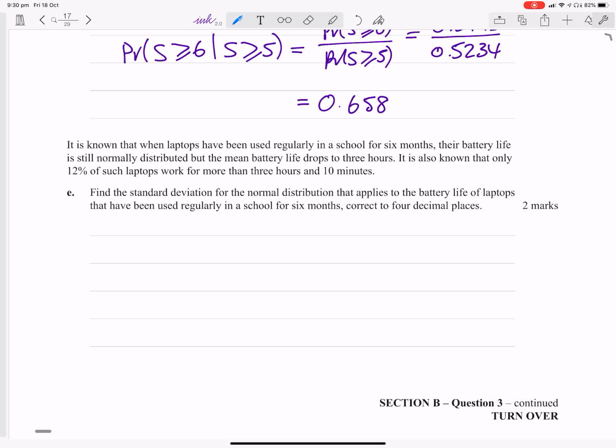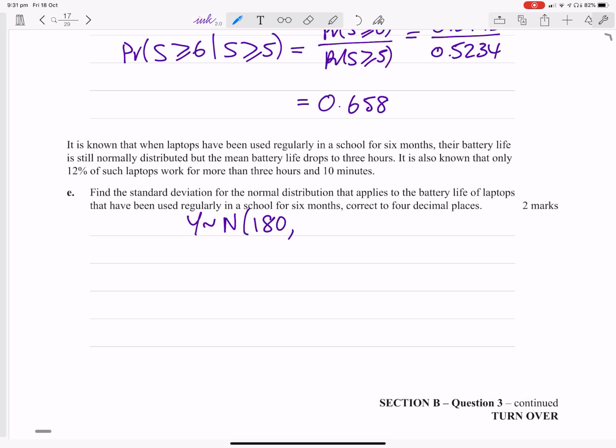Okay, so after 6 months, let's say Y. So it's still normally distributed. It's got a mean of 3 hours, so 180, and a standard deviation.